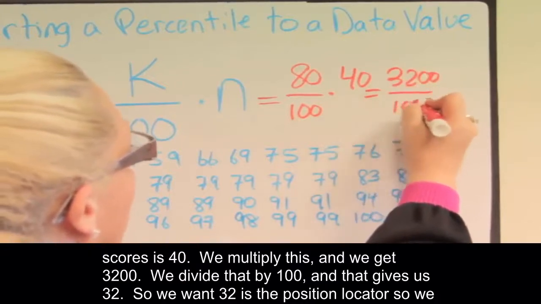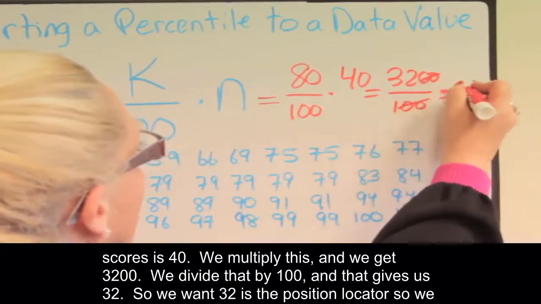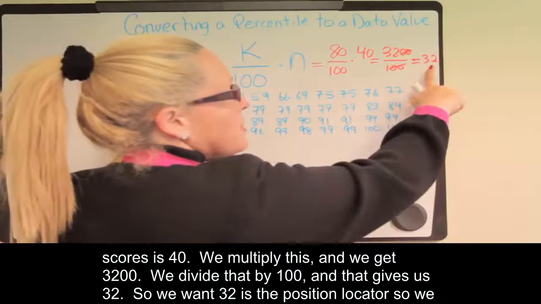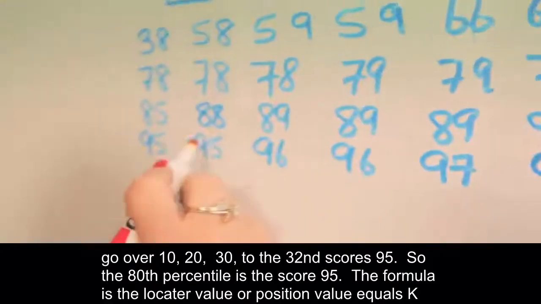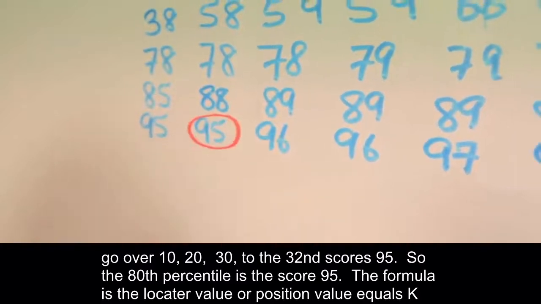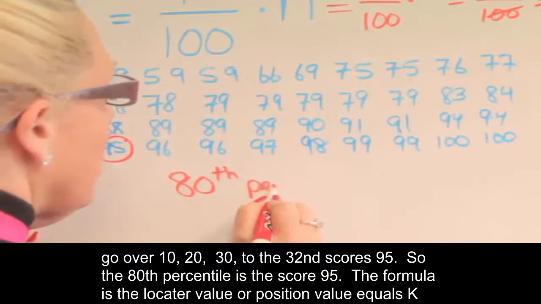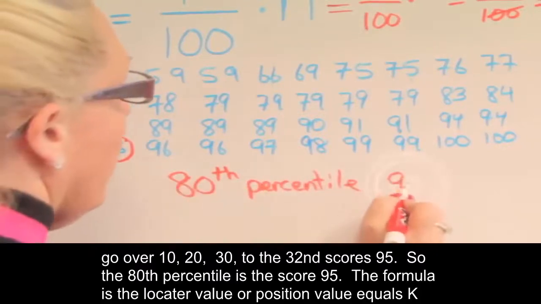We divide that by 100, and that gives us 32. So we want 32 as the position locator, so we go over 10, 20, 32. The 32nd score is 95. So the 80th percentile is the score 95.